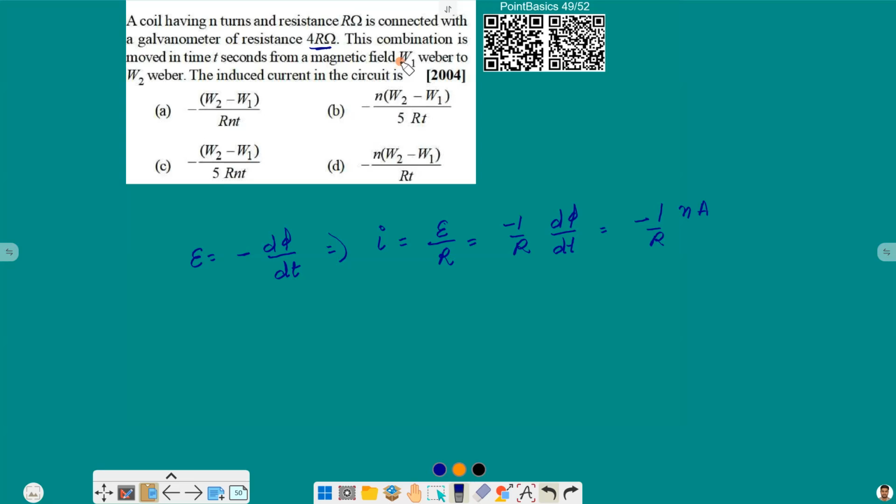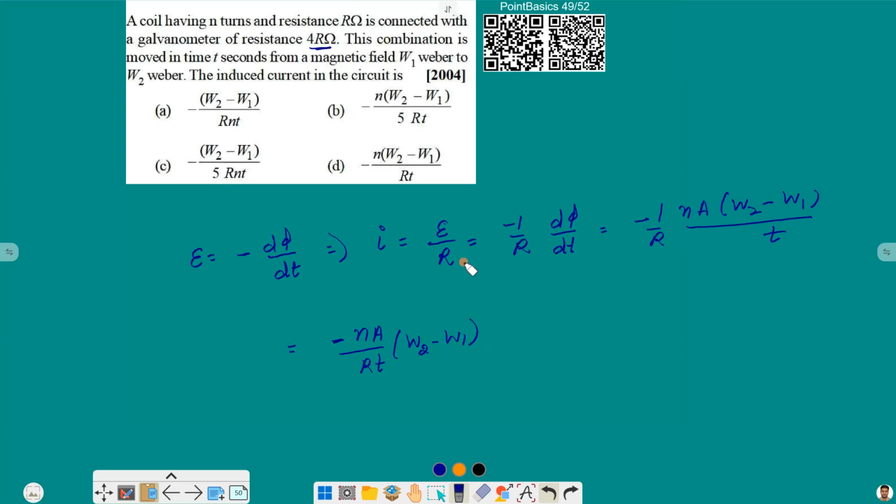So initial field was W1 and final was W2. So it will be W2 minus W1, divided by the time it took, T seconds. So it will be minus NA by RT into W2 minus W1.